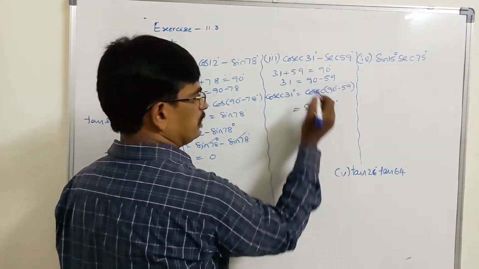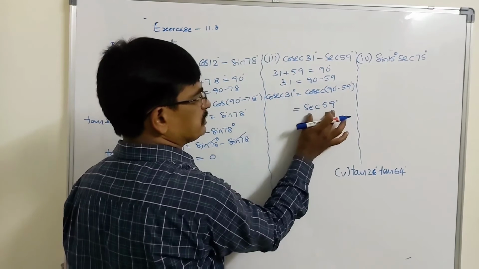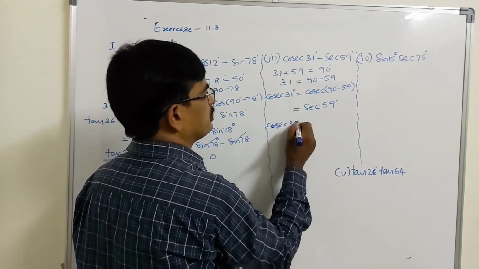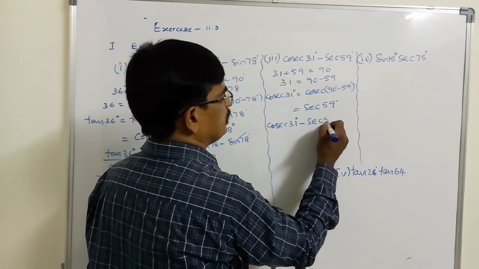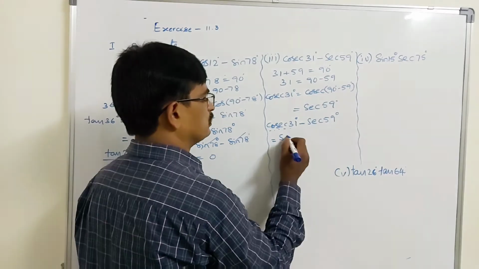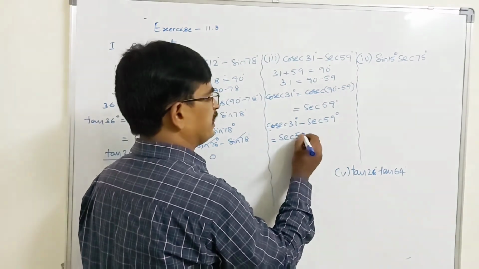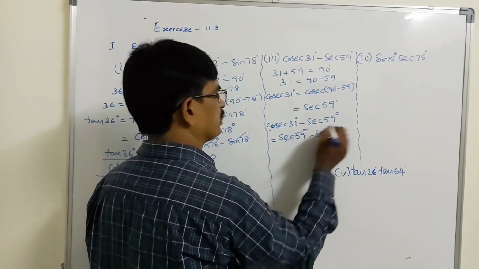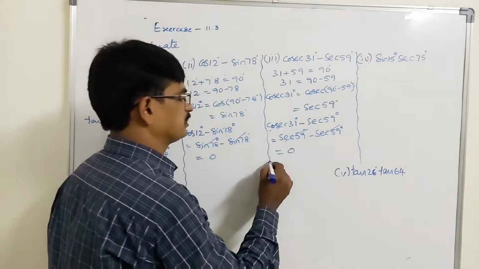Now replace cosecant 31 with secant 59 in the given question. Cosecant 31 degrees minus secant 59 degrees is equal to secant 59 degrees minus secant 59 degrees.